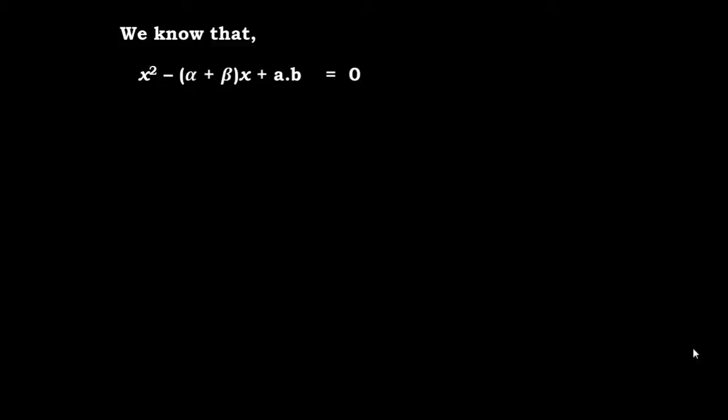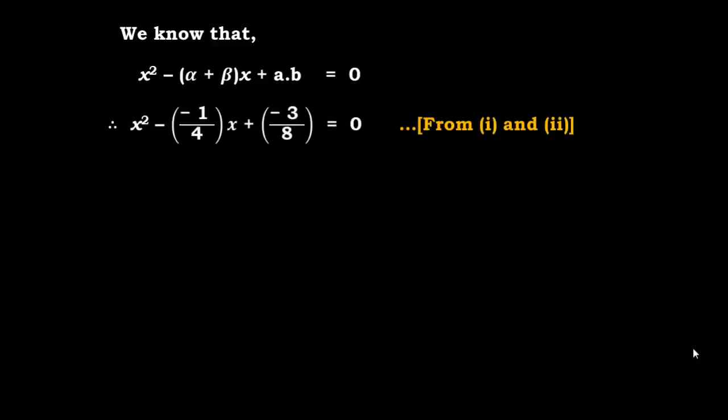minus 3 upon 8. So we get x square minus into bracket minus 1 upon 4 x plus minus 3 upon 8. Now solve this bracket. Minus minus becomes plus. So x square plus x upon 4 minus 3 upon 8 is equal to 0. Now see student, we have to convert this into standard form.